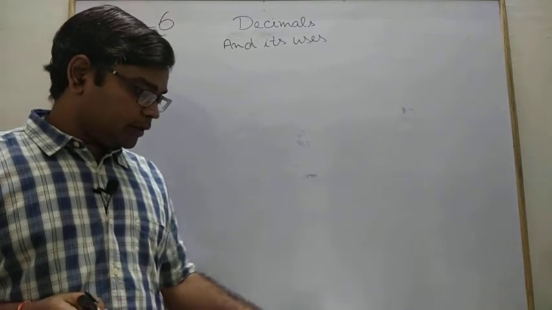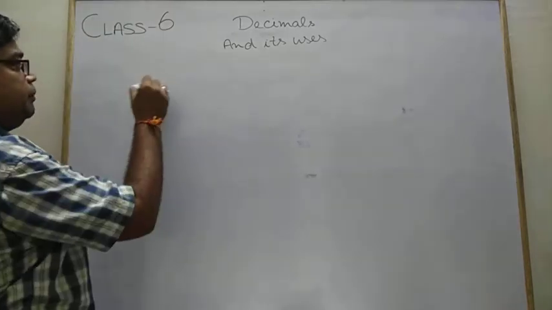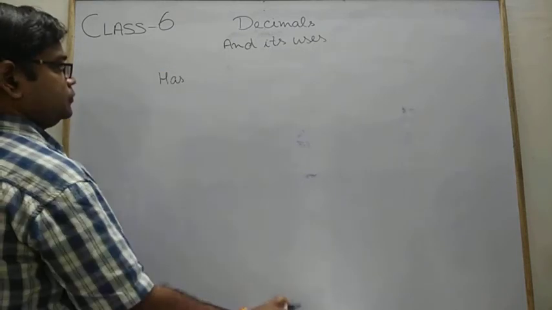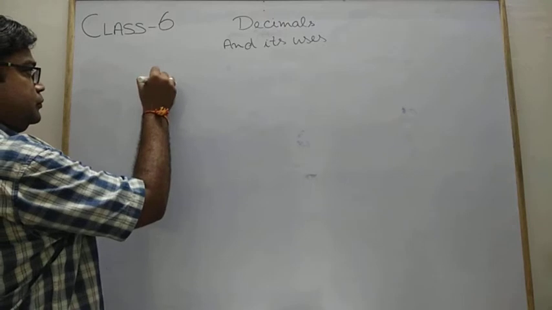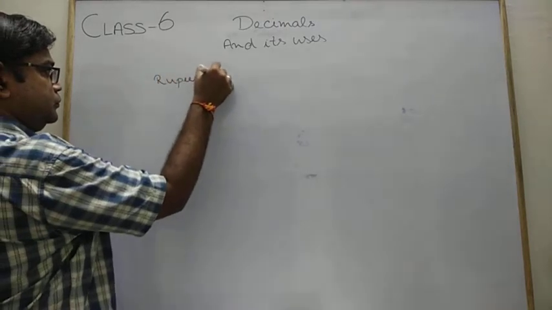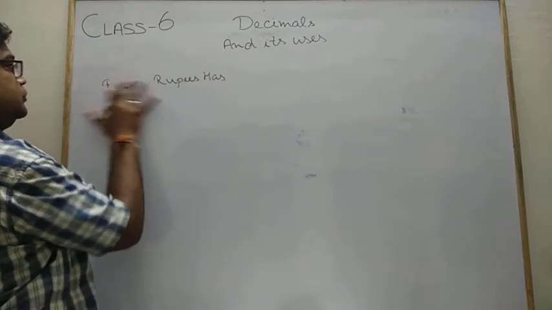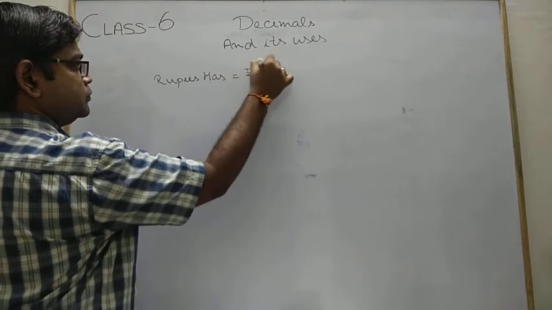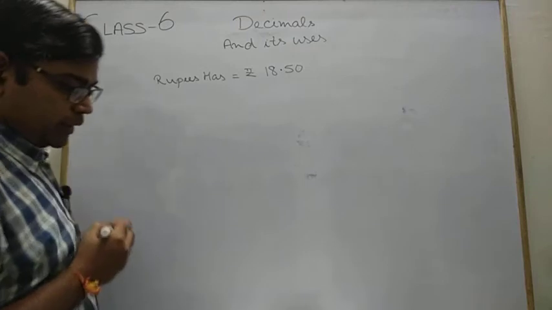It says that Rani has rupees 18.50. How much rupees does she have left?